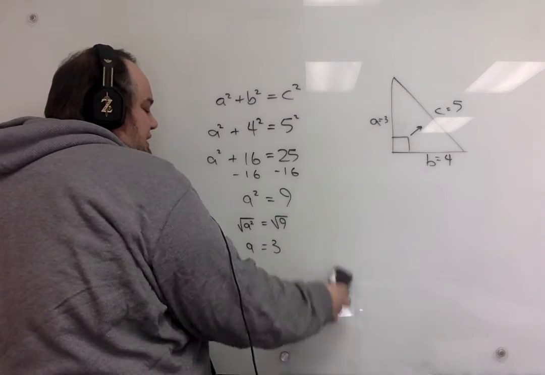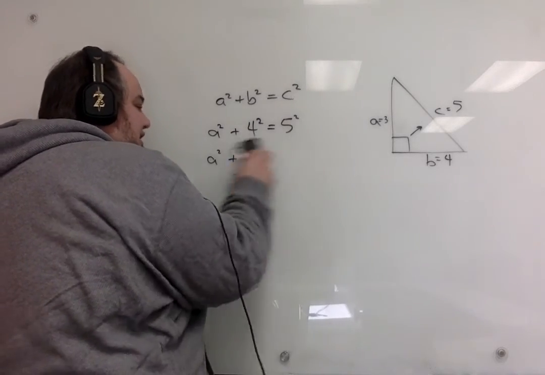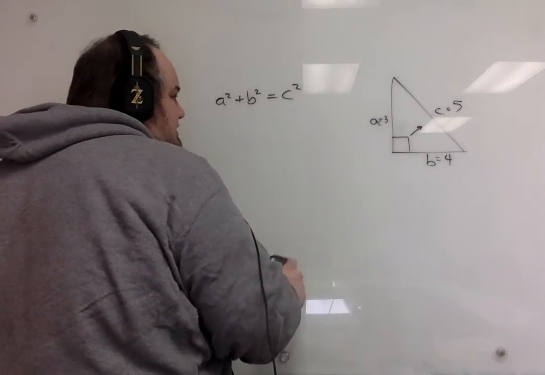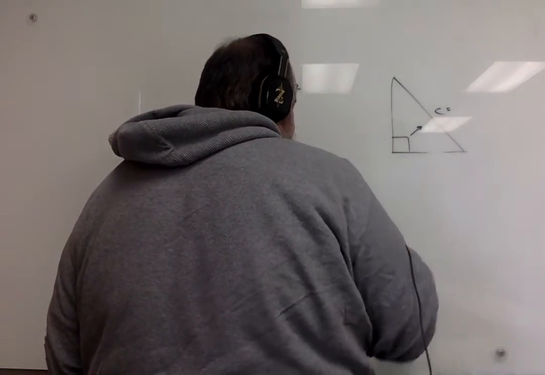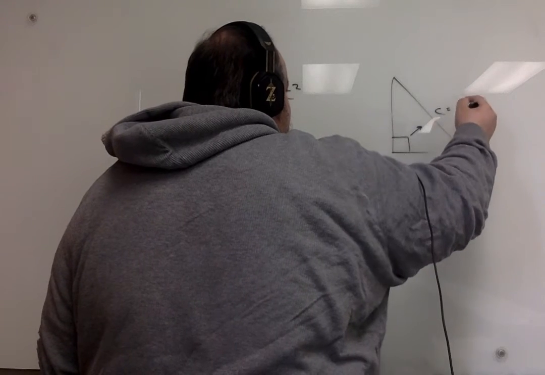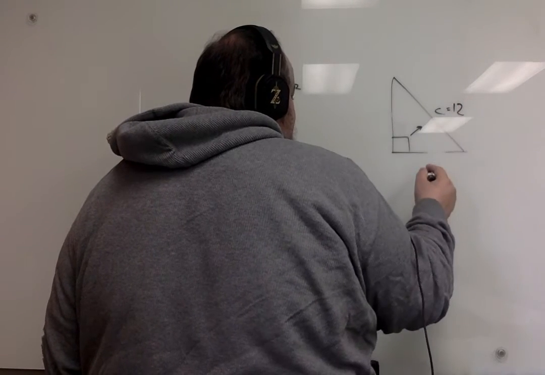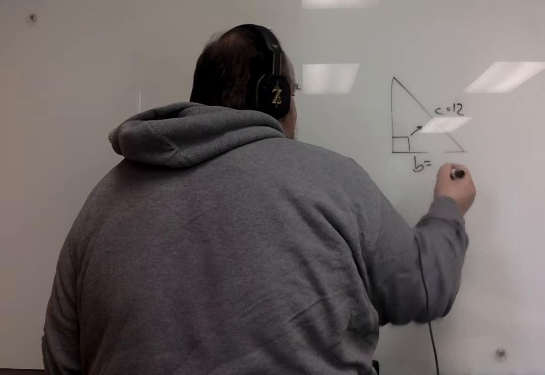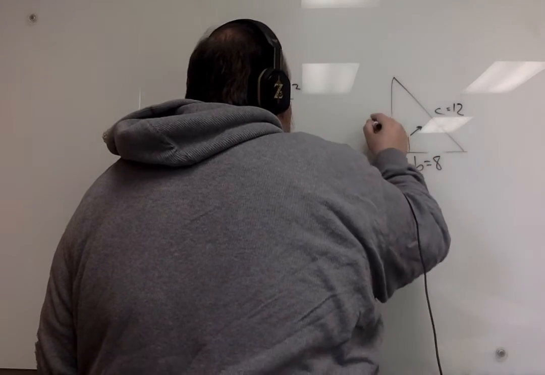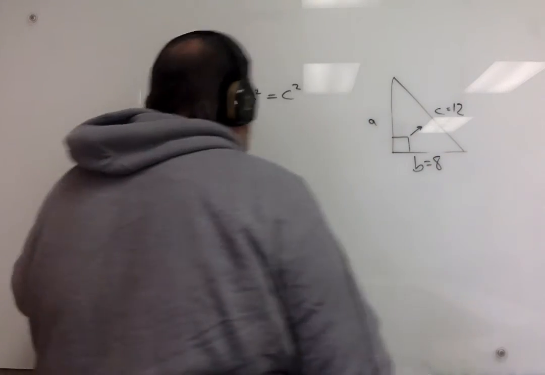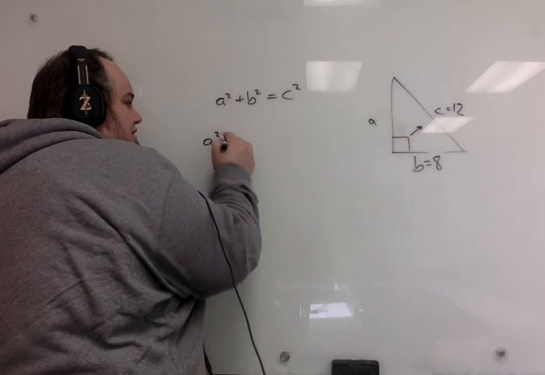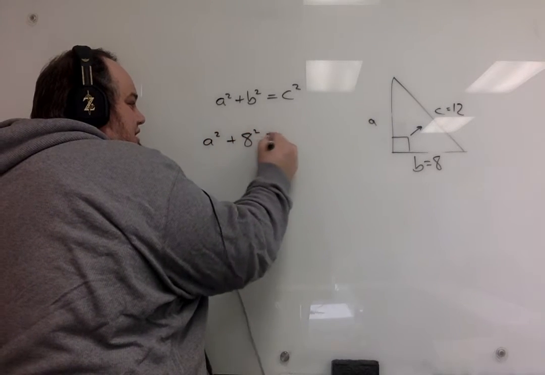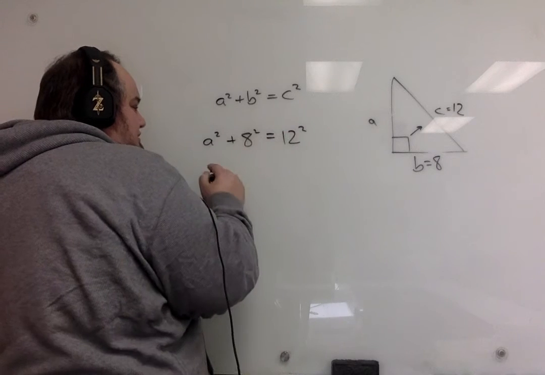Now, it is possible, just like we talked about yesterday, that you're going to have numbers that don't work out so lovely. You might have that c is 12 and b is 8 and you don't know a. That would mean you'd have a squared plus 8 squared equals 12 squared.